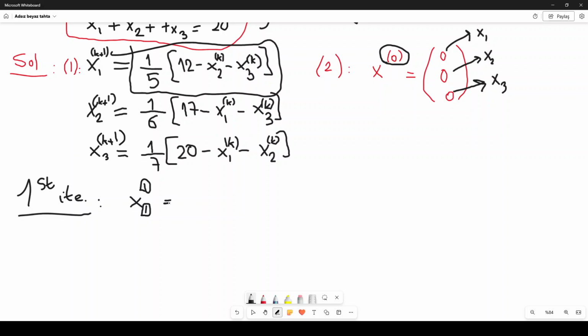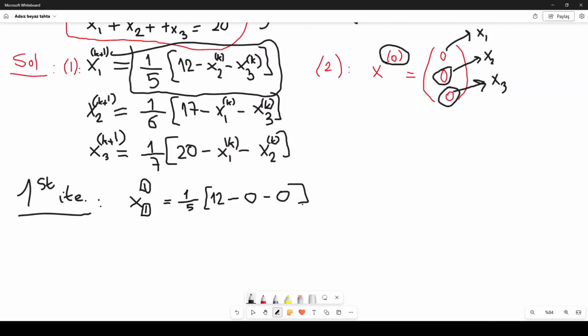It is 1 over 5 times 12 minus the beginning values of x2 and x3, which we choose as 0. Our initial guess includes all zeros. So we take these values 0, and for x3 again 0. So we have 12 over 5.